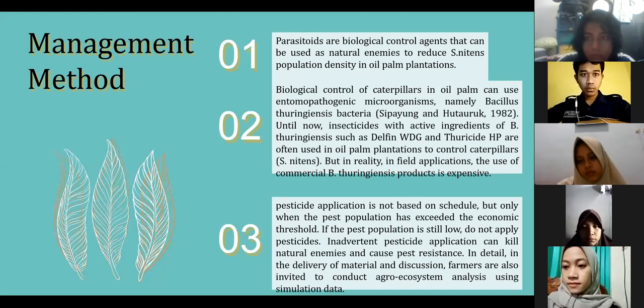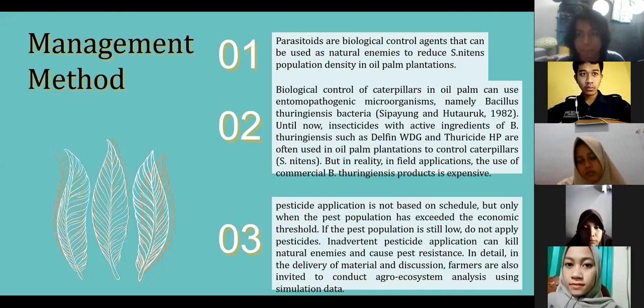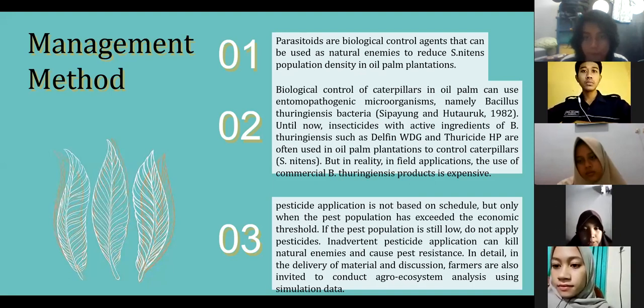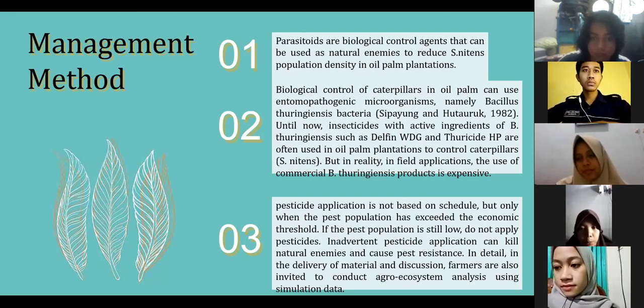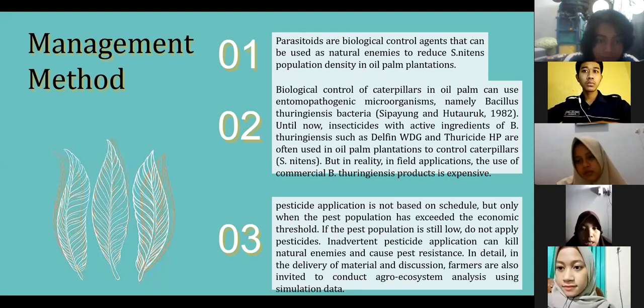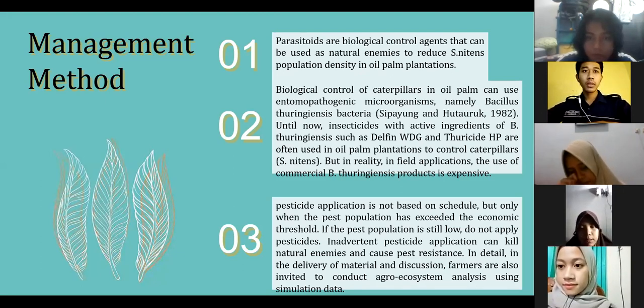The use of commercial B. thuringiensis products is expensive. Third, pesticide application is not based on a schedule, but only when the pest population has exceeded the economic threshold. If the population is still low, don't apply pesticide, because pesticide can kill natural enemies and can cause pest resistance.